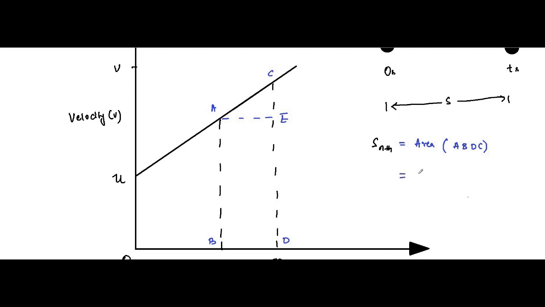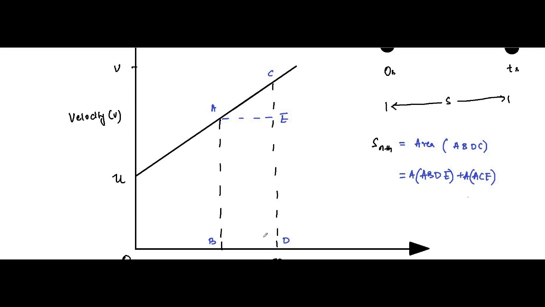First, a rectangle ABDE plus a triangle ACE, that will do. So the area of ABDE plus the area of ACE.